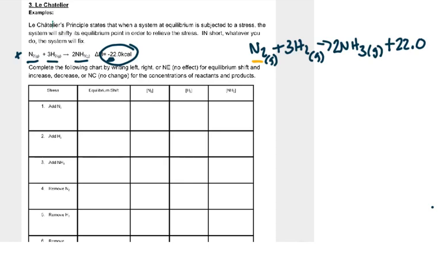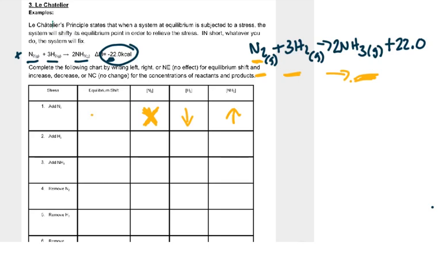I'll put an X here, because it's what I'm stressing, so it's not really going to give me an answer. But if I increase the amount of N2, I'm going to make more NH3. If I have more of this, I can make more of my product. So my ammonia is going to increase, and because I'm using that N2 to make ammonia, my H2 is going to get used up also, so that's going to decrease.